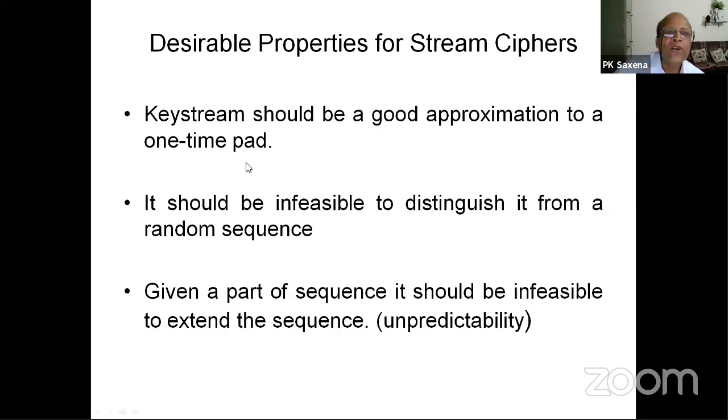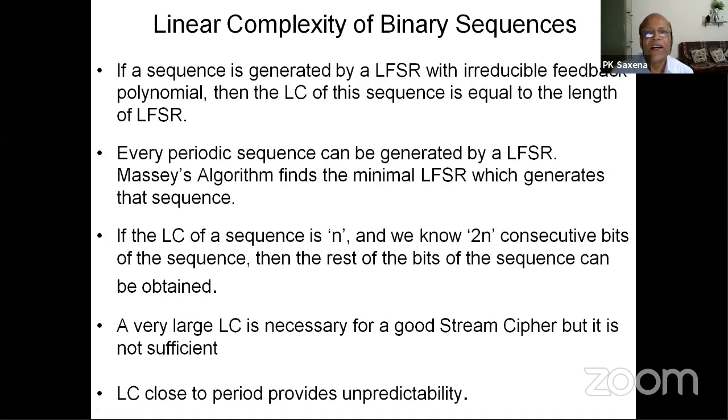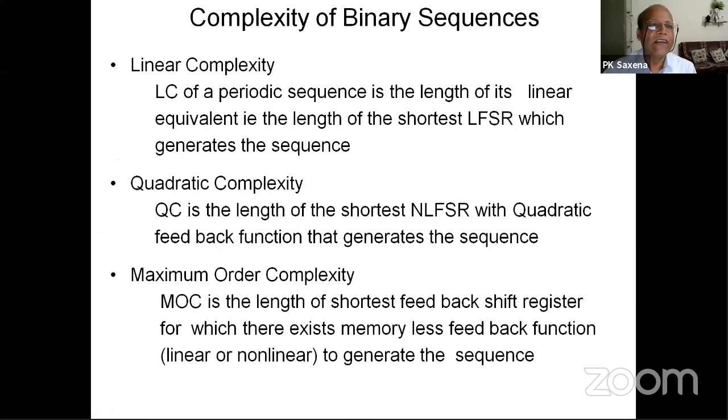Sure. So there are some desirable properties of the stream ciphers, that it should be difficult to predict, and details may be discussed in this. To check whether a generator is complex enough to be predicted, different types of complexities have been defined: linear complexity of binary sequences, quadratic complexity, maximum order complexity, k-error linear complexity.